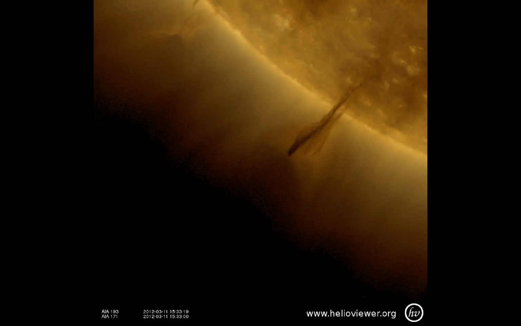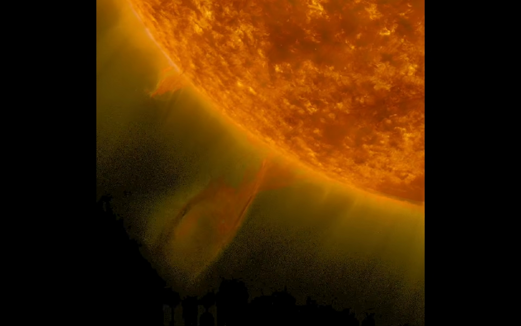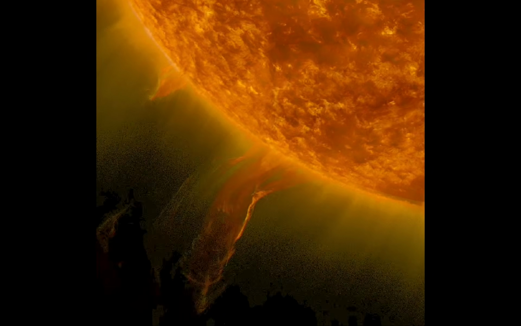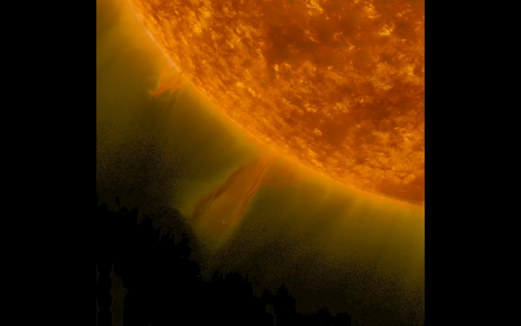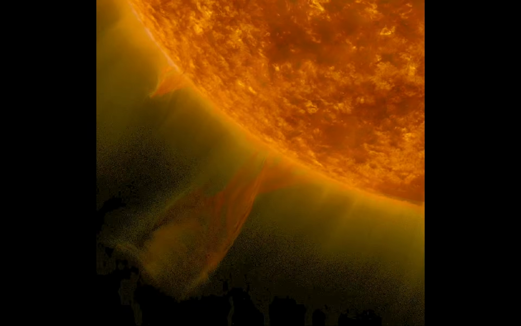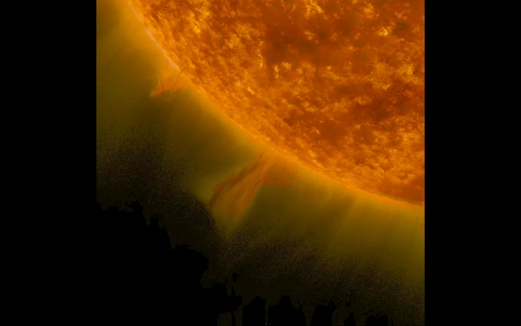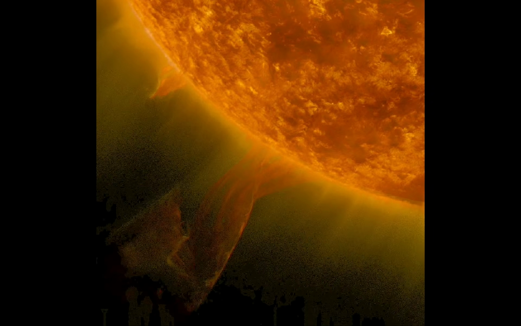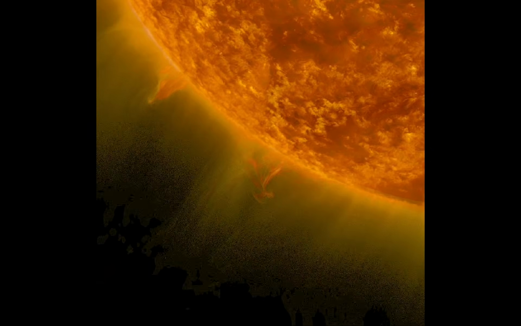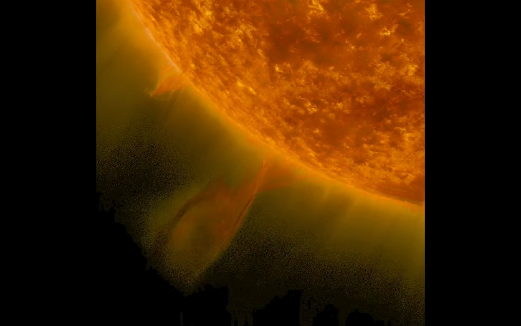We can look at a video which shows this structure in two different wavelengths, 171, which is the predominant structure that he was seeing, and then there's also 304, which shows the filament. And here we're seeing the whole structure erupt. So what's kind of interesting about this is that these are quite common before CME eruptions, and seeing it really high up in the corona is also a possible indication that it's about to erupt.